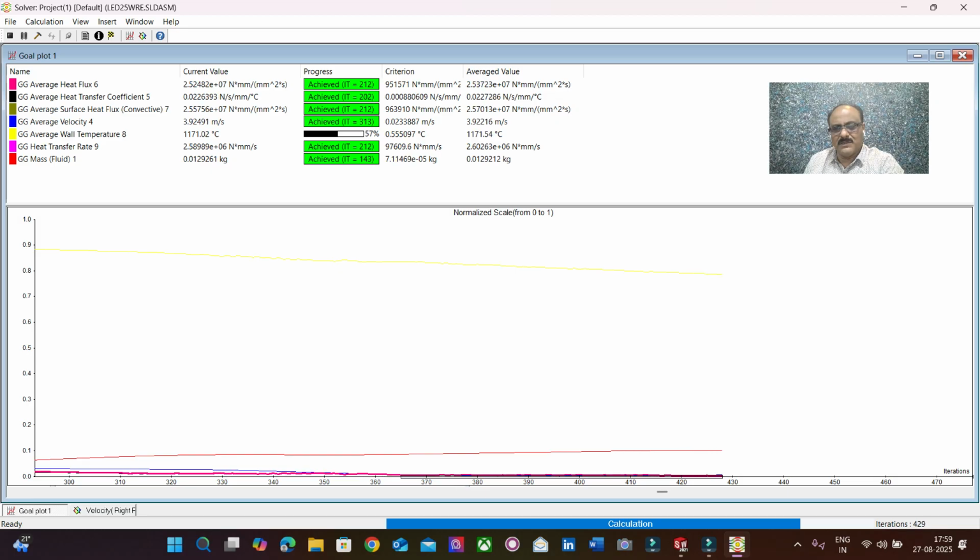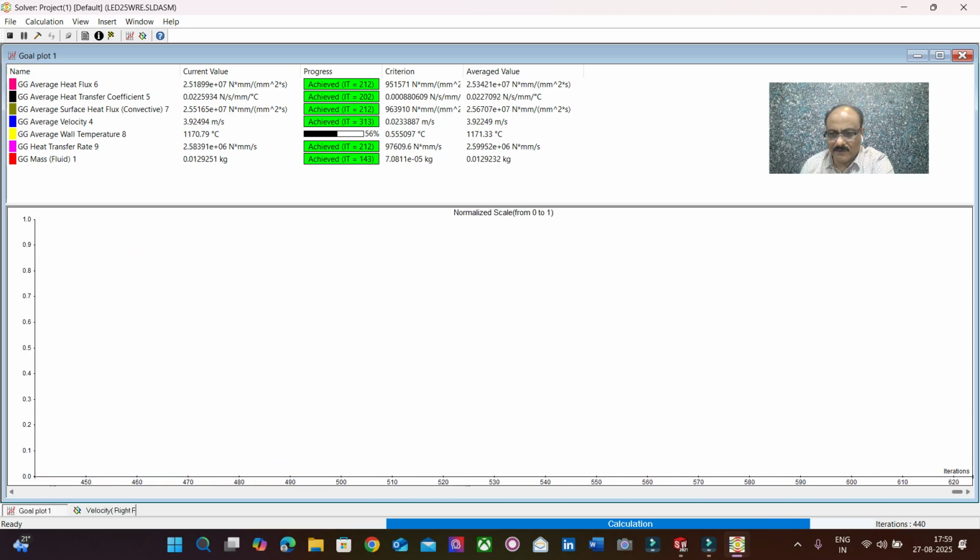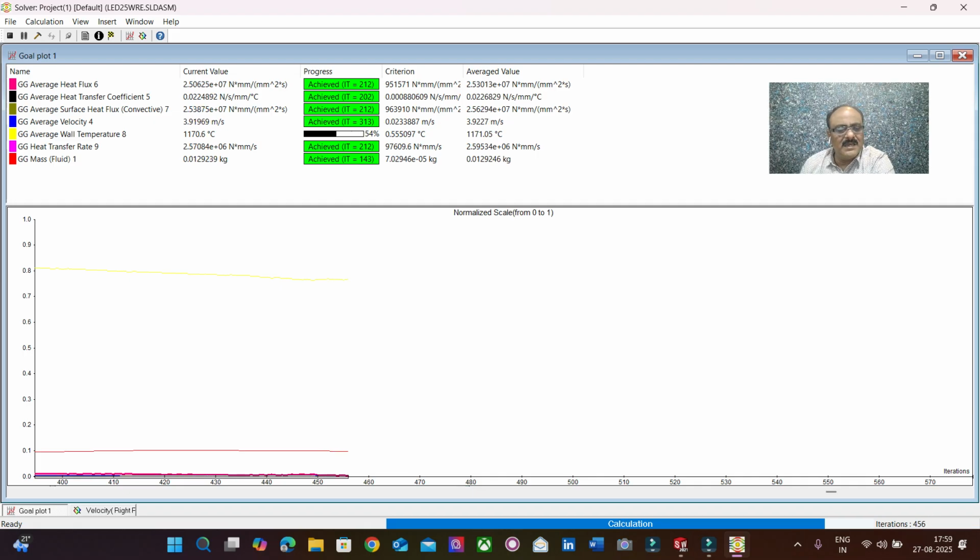So it is still at 1171, and let's see how many iterations. The total number of iterations we have seen is about 620. Okay, so it's still trying to perform. At the 450th iteration, the temperature convergence achieved is about 1170, so it still has to converge.